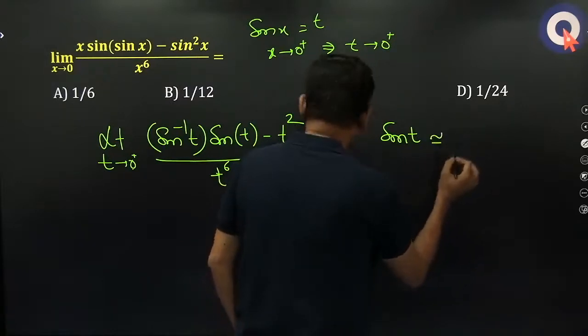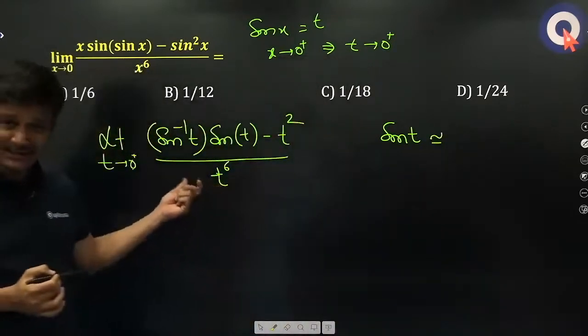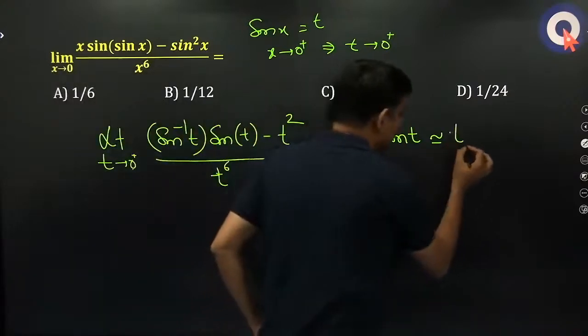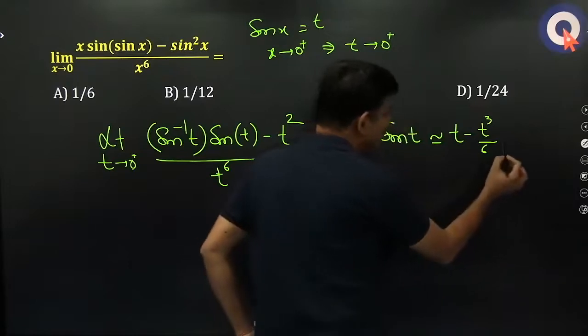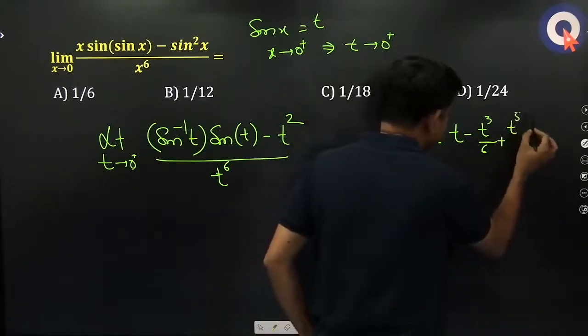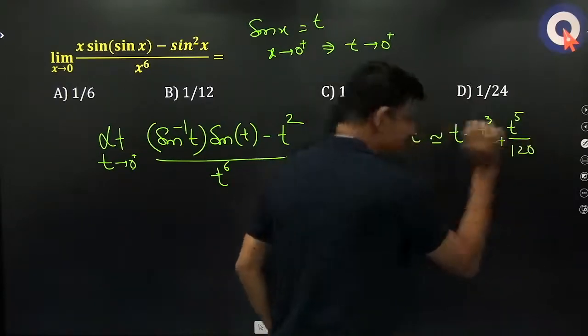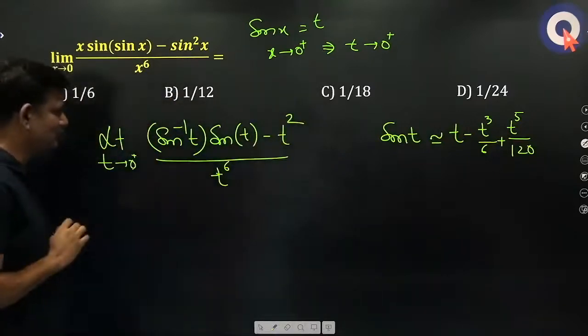Sin t, we are looking up to t power 6, so let me write t minus t cube by 6 plus t power 5 by 120. That's it, t power 7 and all, let me ignore.